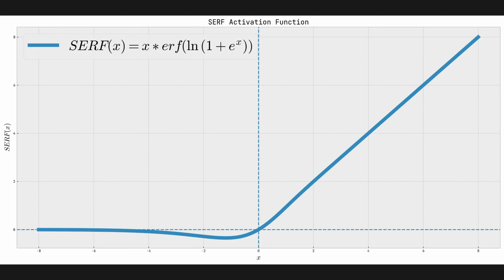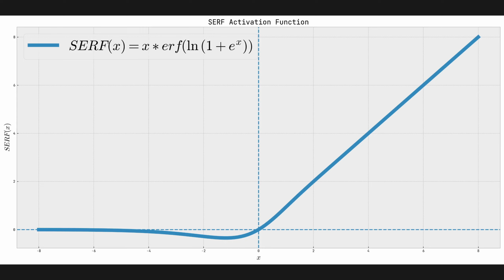But in practice, if we run this on the GPU, we're going to see that there's actually not a huge performance penalty for using SERF over ReLU. They're roughly similar in terms of performance if we run this on a good machine with a good GPU.